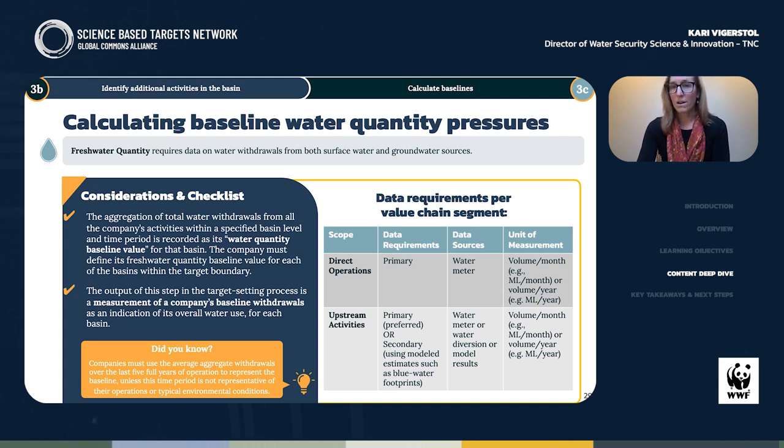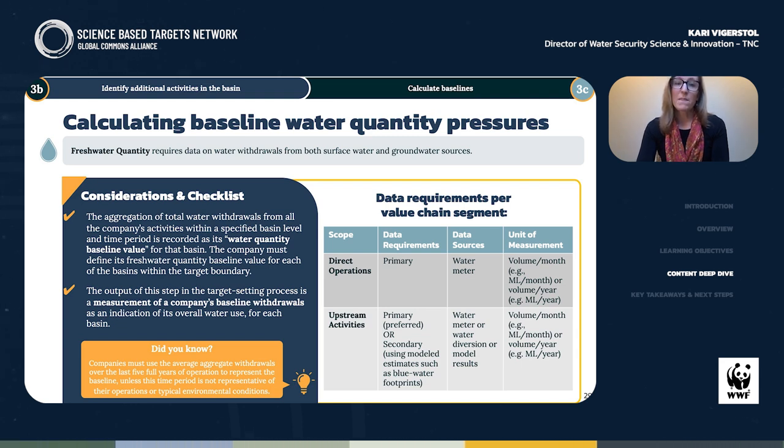As for the data required, it depends on the location in the value chain. For direct operations, the baseline value must be defined based on primary data, for example, metering of water use, for all priority sites.